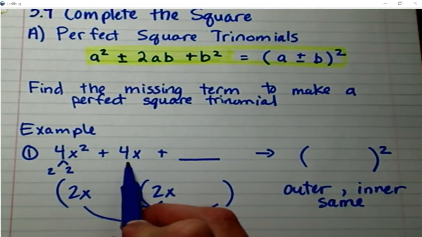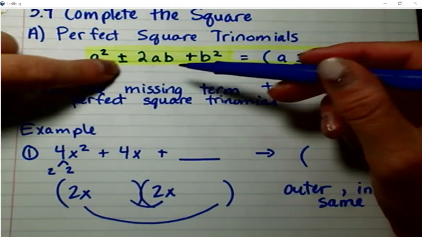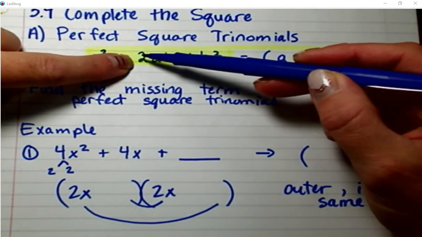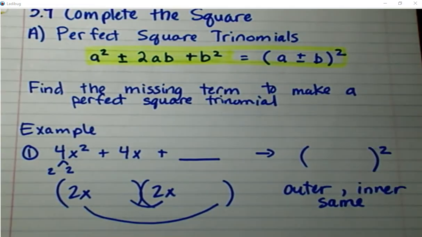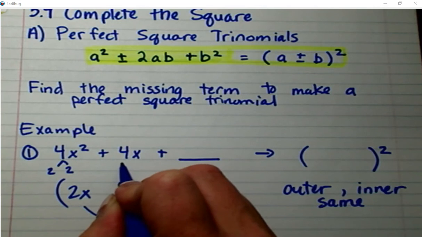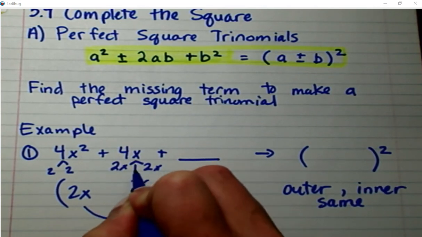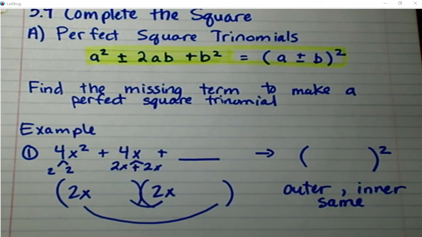For perfect square trinomials, they are always the same, because notice my formula is 2 times AB, which means that the term is doubled. So that tells me that my middle term is split into 2x plus 2x. That's my outer and my inner.